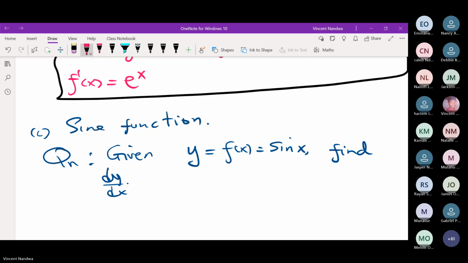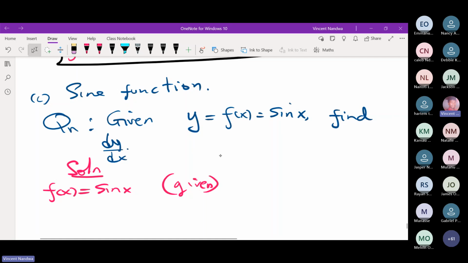So we'll do the same process. We say f of x is given by sine of x. This is what the question is. Then if f of x is sine of x, what will be f of x plus h?